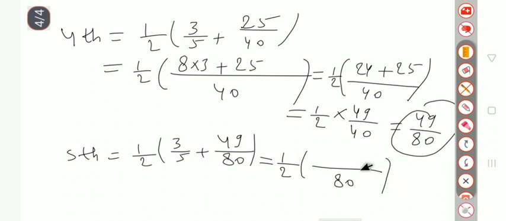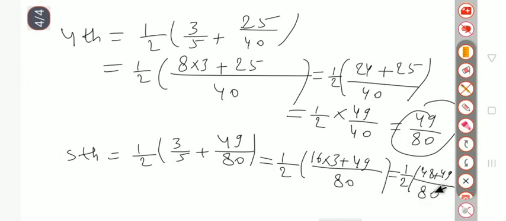Now 80 divided by 5, it will come 16, numerator is 3, plus 80 81, so 49 into 1, 49. So what it will come, 1 upon 2 bracket 16 into 3, 48, plus 49, divided by 80.